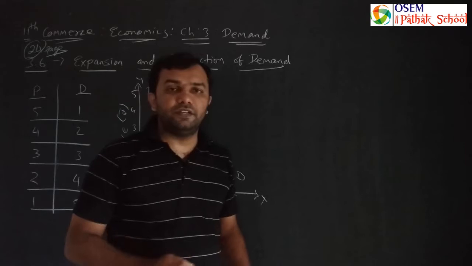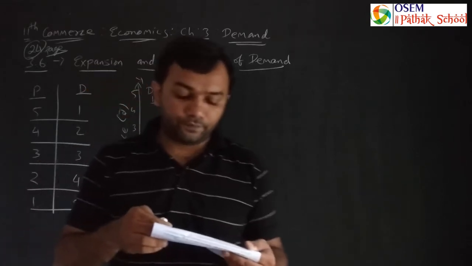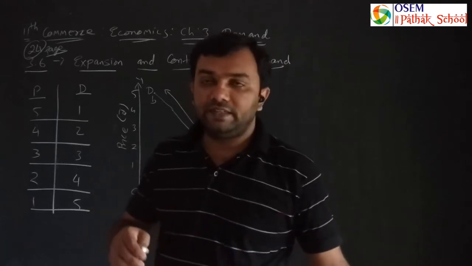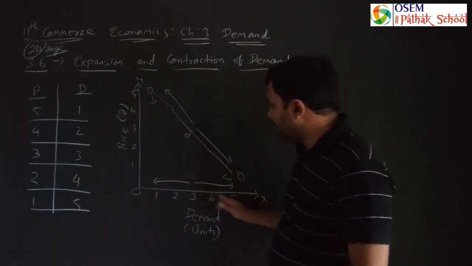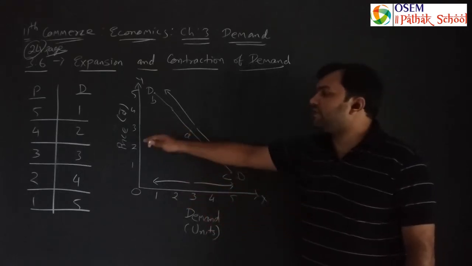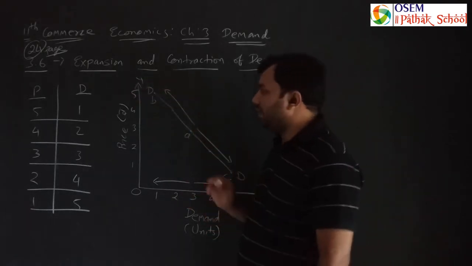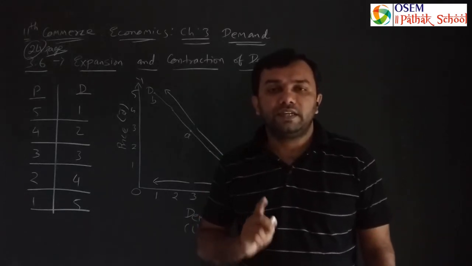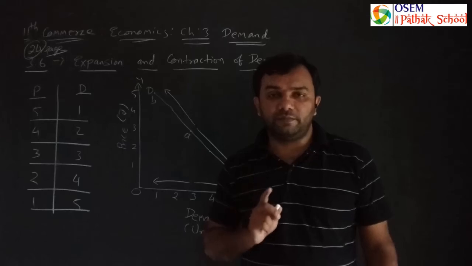The same thing is given in the law of demand. So what is happening? There is an expansion and contraction of demand. When there is a change in price and demand increases or decreases due to the change in price, it is called expansion and contraction. So expansion and contraction is connected with the price determinant.